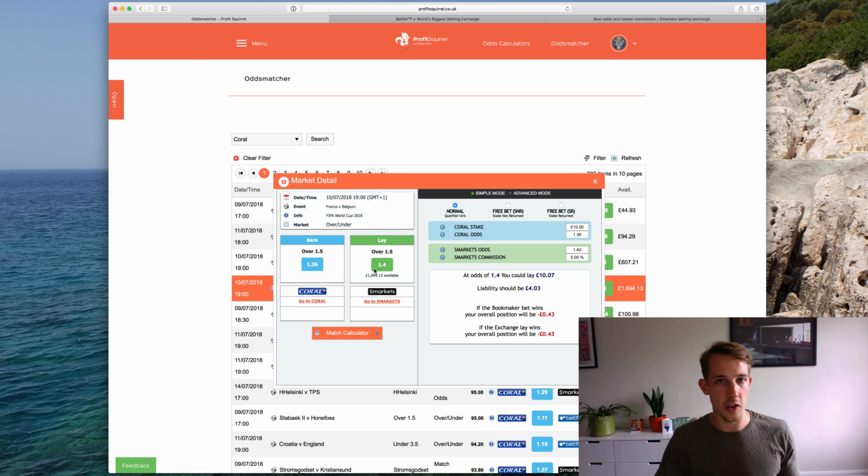Now the odds matcher software is pretty fast, and I would say it's accurate 99.9% of the time in terms of the odds that it gives you, but the bookmakers or the exchanges can be a little bit faster sometimes. So when you actually go and find this event at the bookmaker, and if that's the case, the thing that will have changed is the lay stake, this number here.